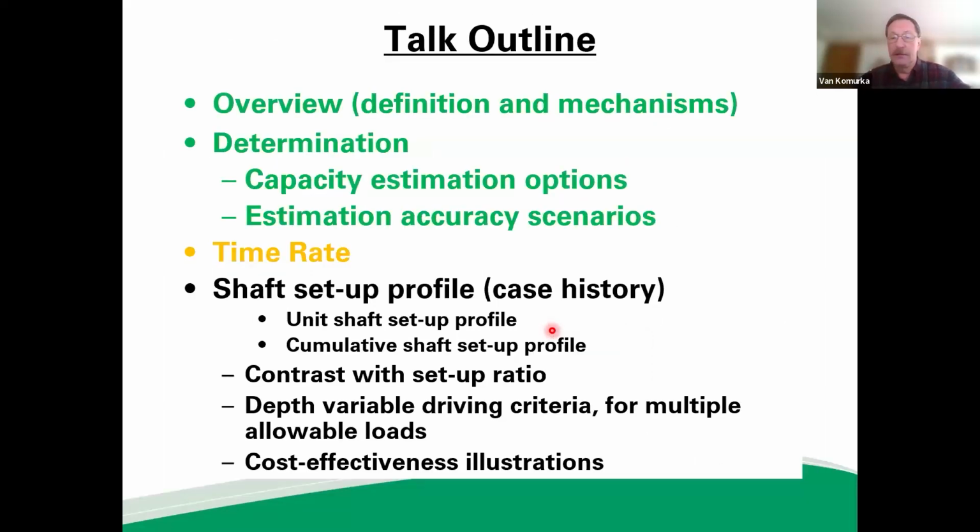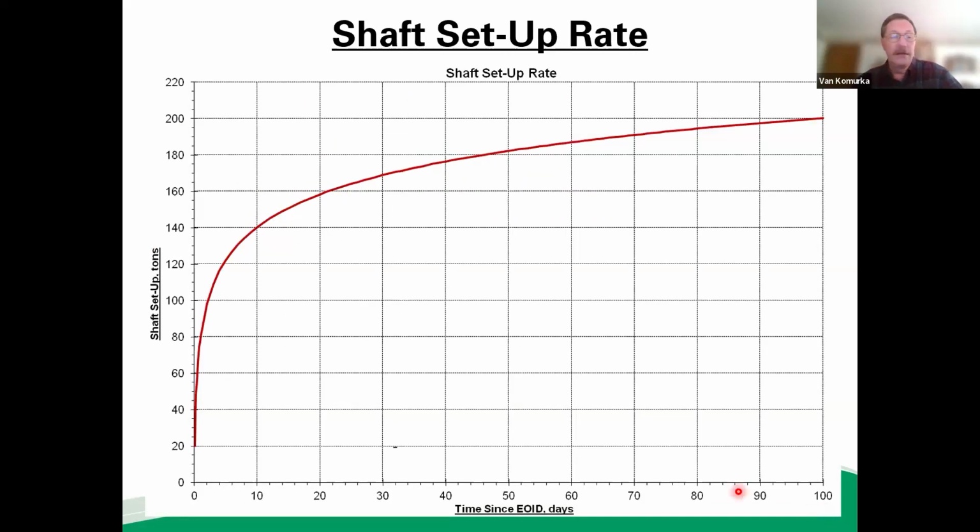So we've talked about magnitude of setup. Let's talk a little bit about time rate of setup. So on this plot, on the vertical axis, we have shaft setup in tons, and on the horizontal axis, we have time since end of initial drive, time since installation in days. And so this is a straight plot.